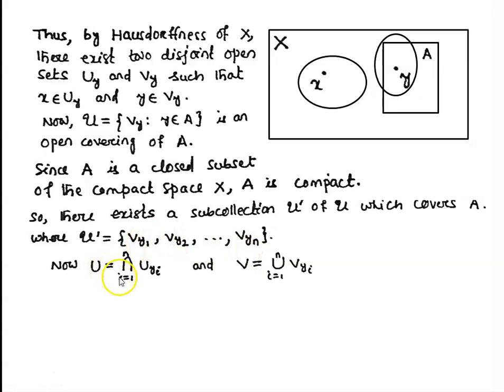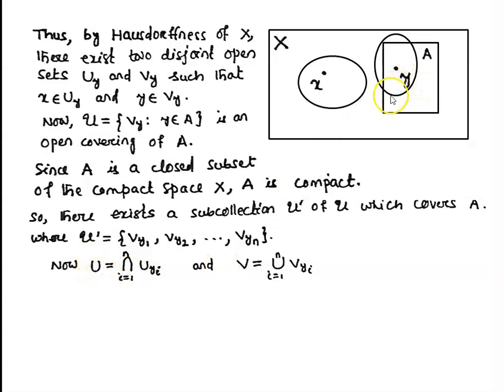Now let us take the intersection of all Uyi from i equal to 1 to n. Since each of these Uyi contains x, the intersection will also contain this point x. Let U equal the intersection over i from 1 to n of Uyi, then U contains x.